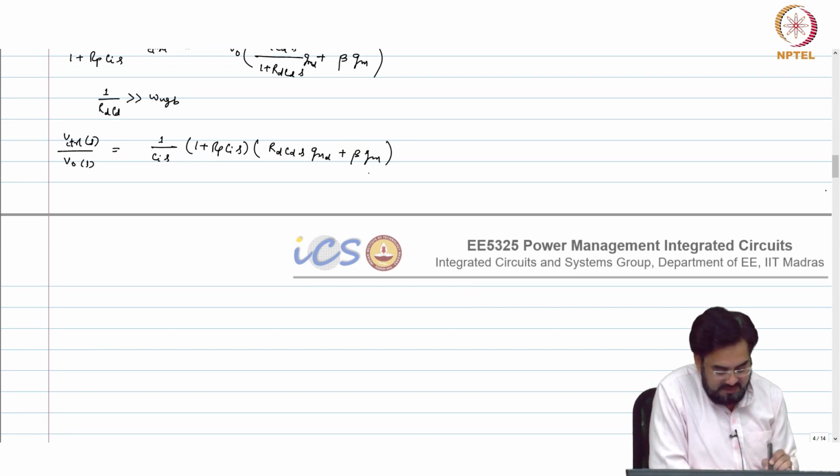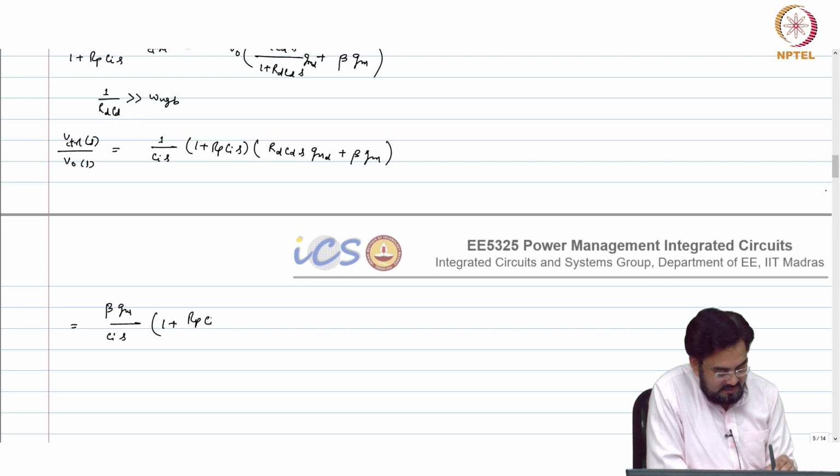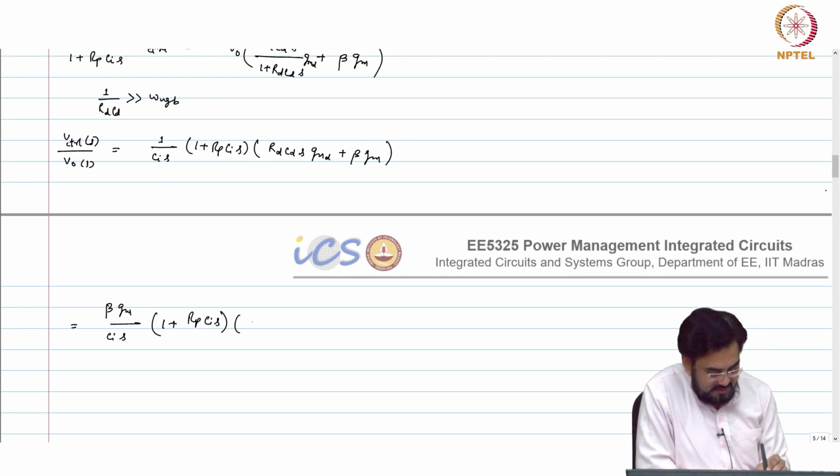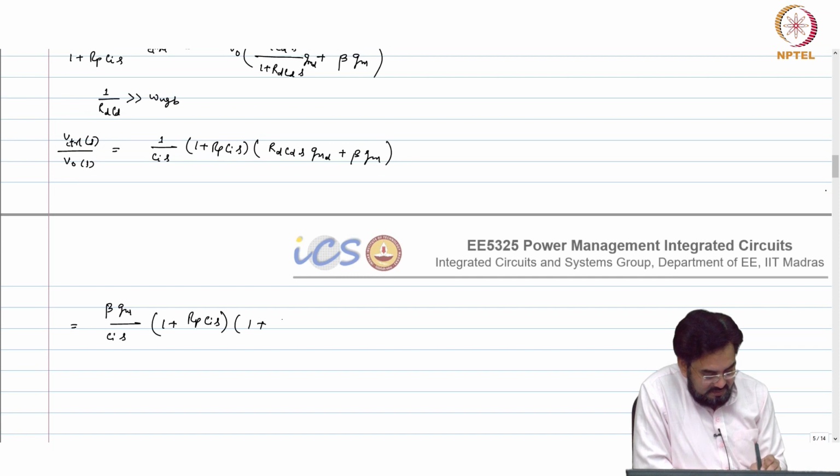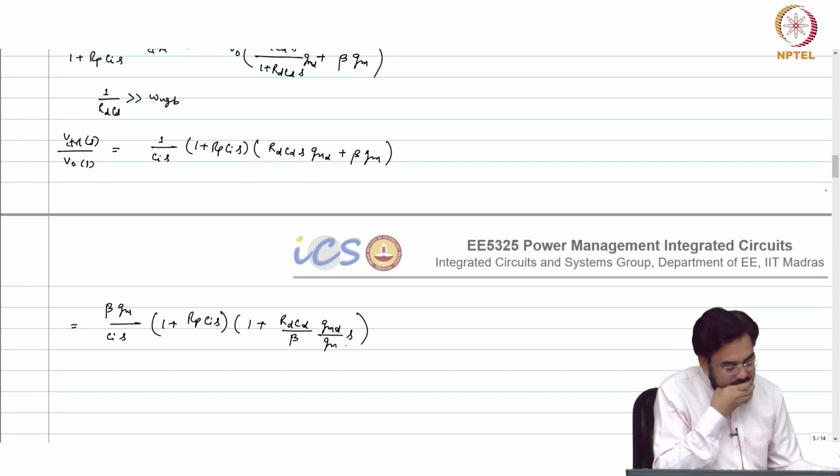And if I take beta GM outside, so beta GM over CIS, 1 plus RP CIS into 1 plus RD CD over beta GMD over GMS. Correct?